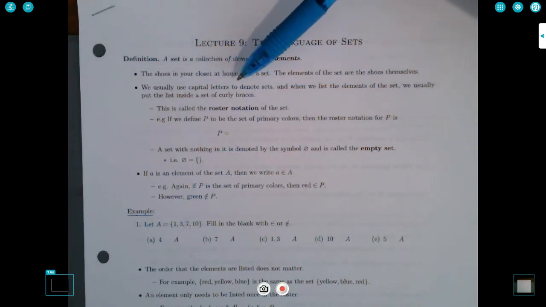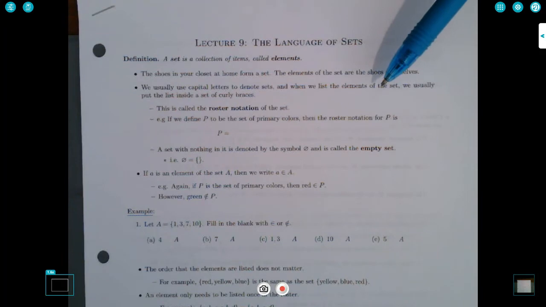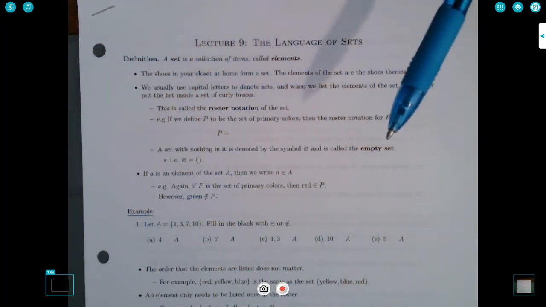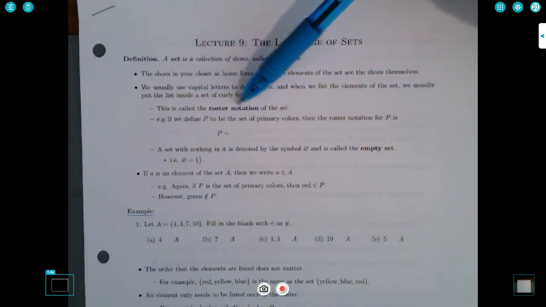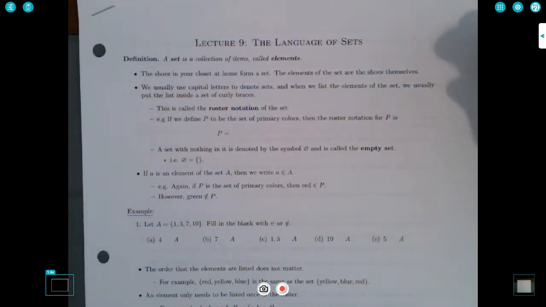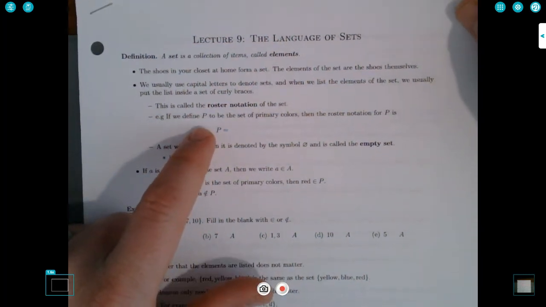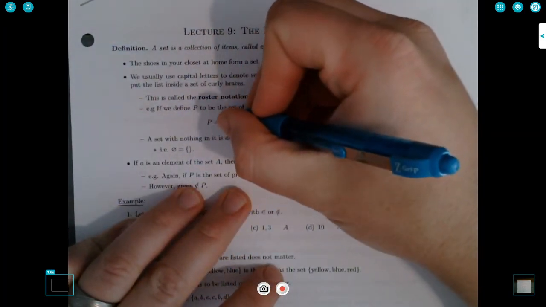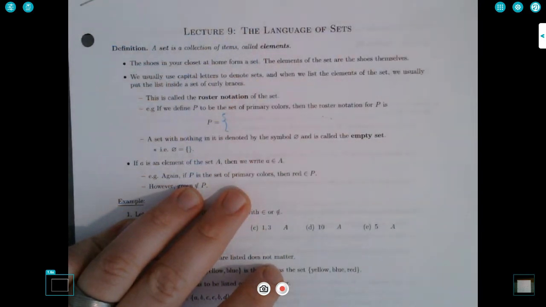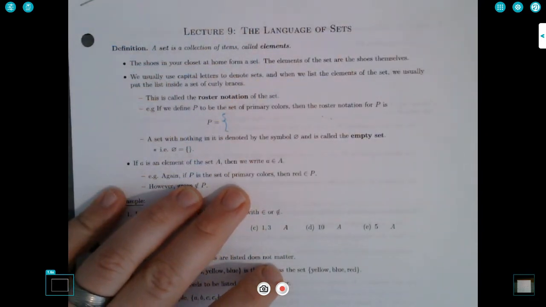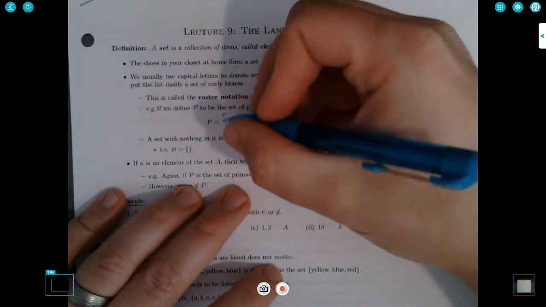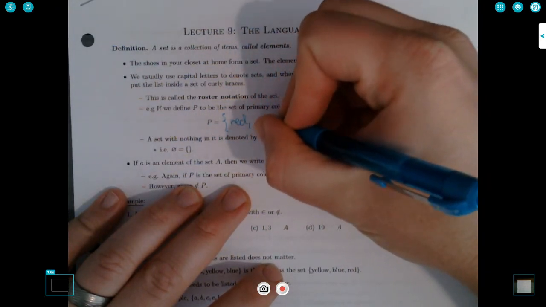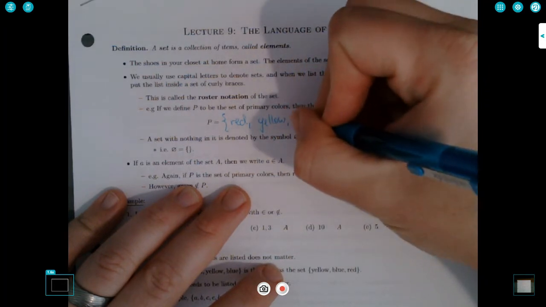We usually use capital letters to denote sets, and when we list the elements of the set, we usually put the list inside a set of curly braces. This is called the roster notation of the set. So, for example, if we define P to be the set of primary colors, then the roster notation for P would be, well, this requires some background information, but maybe you learned at some point in grade school, or in an art class, that the primary colors are red, yellow, and blue.